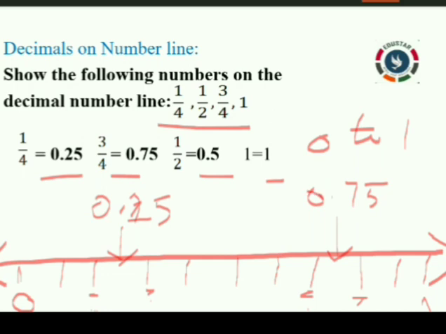Next 0.5. This is your 0.1, 0.2, 0.3, 0.4 and this is your 0.5. Next 1. This is your 1. Yes, like this you have to represent decimal numbers on number line.